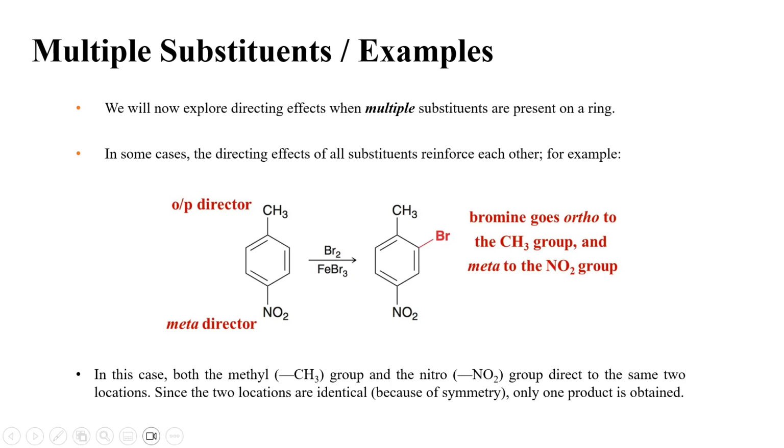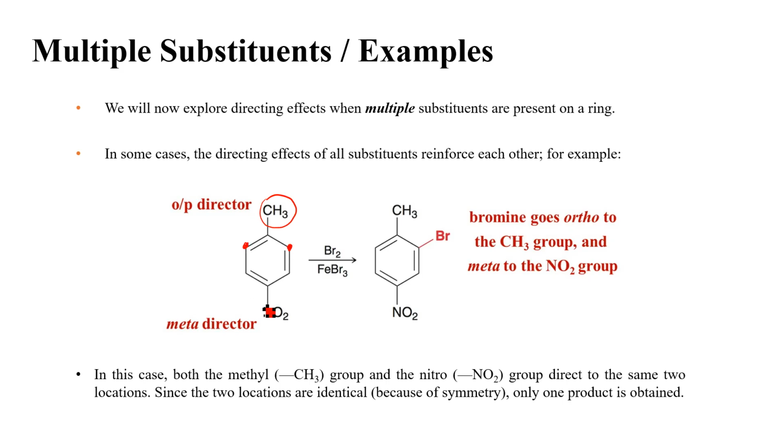So just looking at the CH3 group, if it's going to add ortho and para, it's going to add at these positions. Those are ortho to the methyl group, and at the para position. But the para position is already occupied, so there's not going to be another group added to that position. So right now, the only choices we have are these two ortho positions.